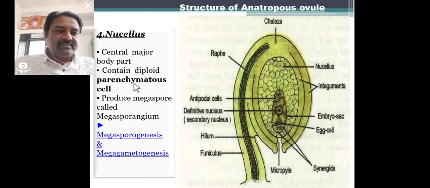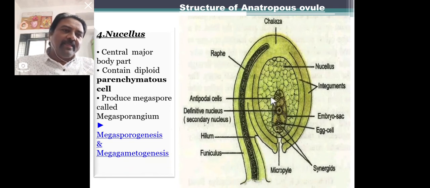Parenchymatous cells differentiate into the megaspore mother cell to produce megaspores during the megasporogenesis process. So the megasporogenesis process takes place inside the nucellus.